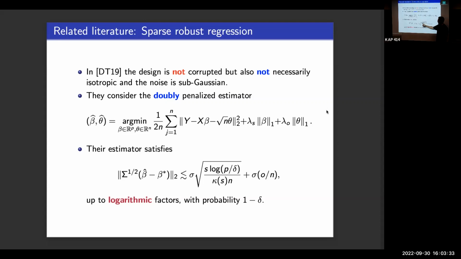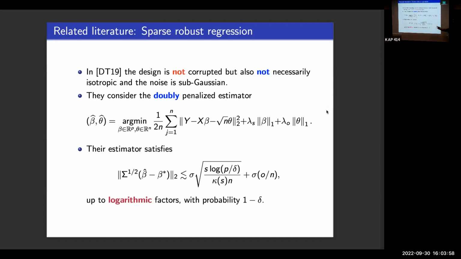So this dependence, S over N, sparsity over N, is the optimal dependence. And O over N, if you square this error, this is O over N squared, which is exactly the optimal dependence on the fraction of outliers if the noise is Gaussian. It's up to logarithmic factors, so it's not fully optimal, but it's already very good.